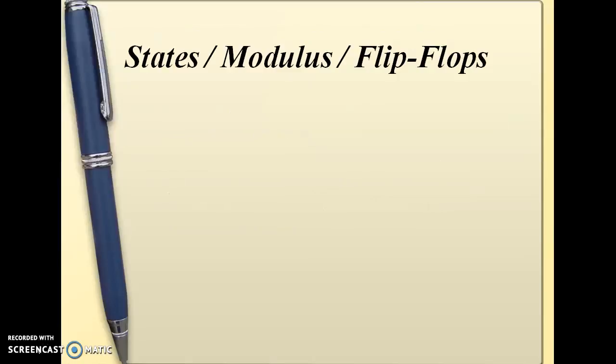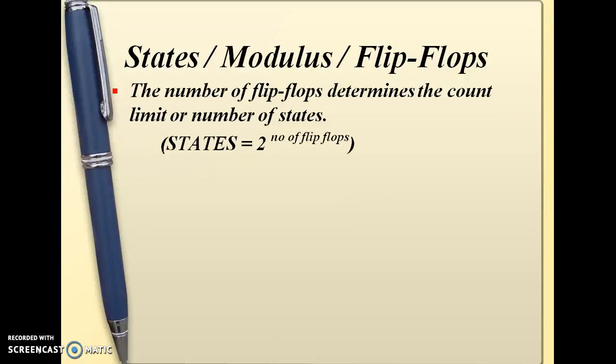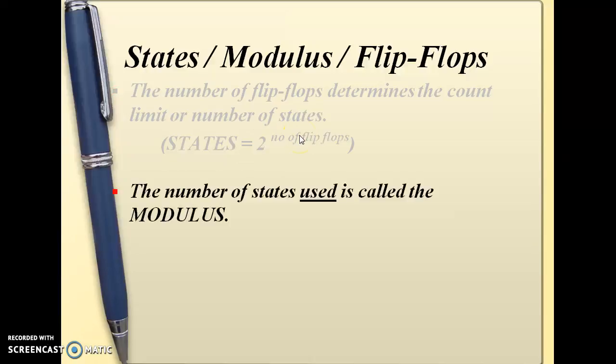Now let us discuss states, modulus and the number of flip-flops used in a counter. The number of flip-flops determines the count limit or the number of states. For example, the number of states of a given counter is equal to 2 raised to the number of flip-flops.